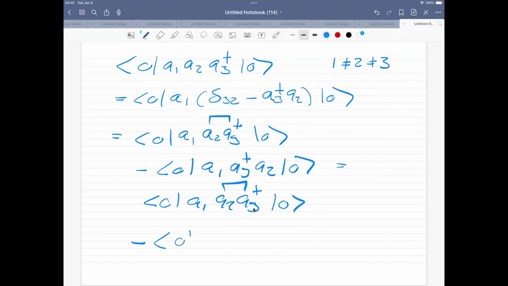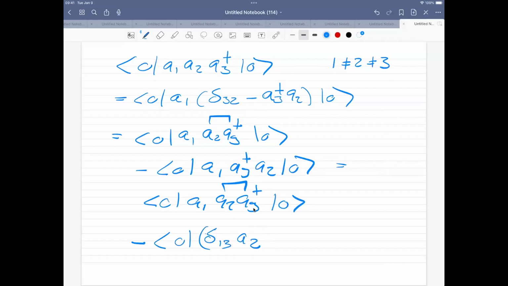And now I'm having a <0|, and then I have a delta. So if I look at this operator, I have a delta 1,3 minus, and this is multiplied with an A2 here, delta 1,3 multiplied with A2.